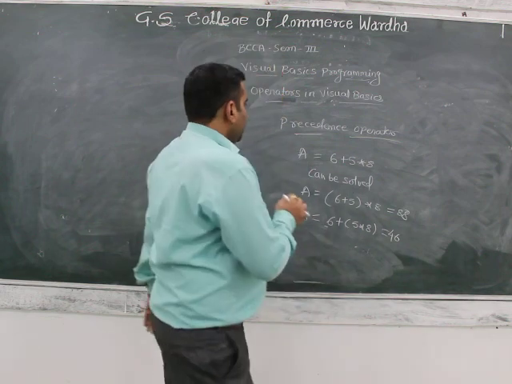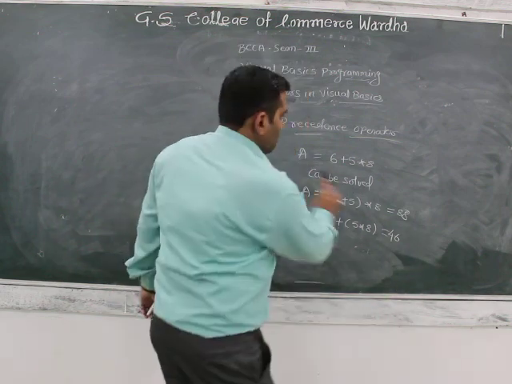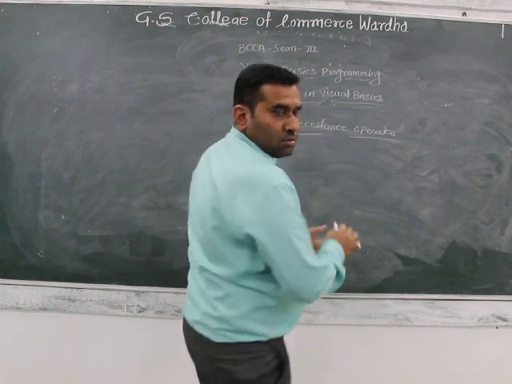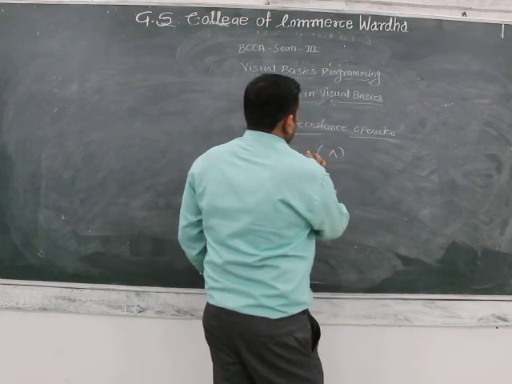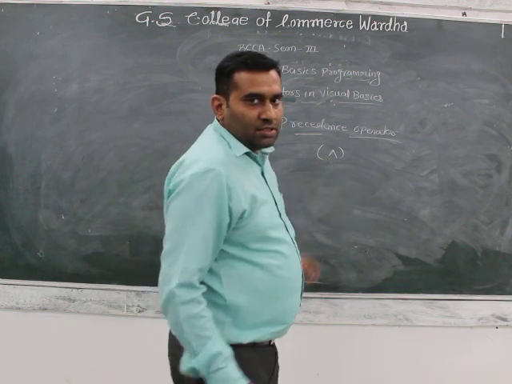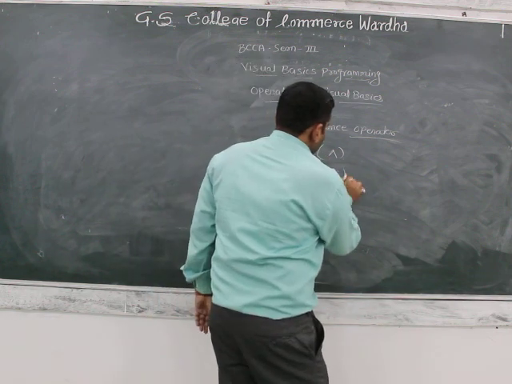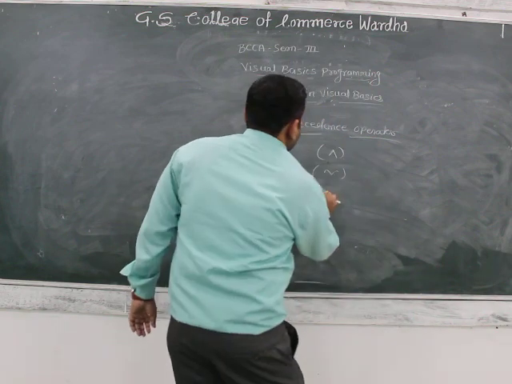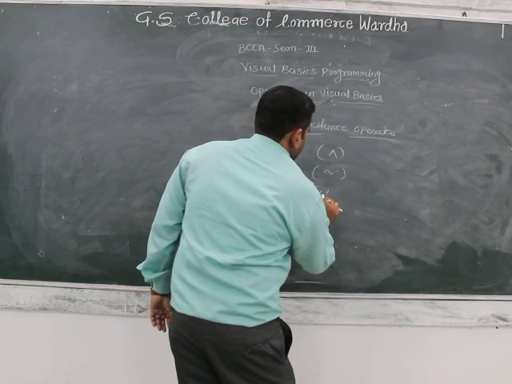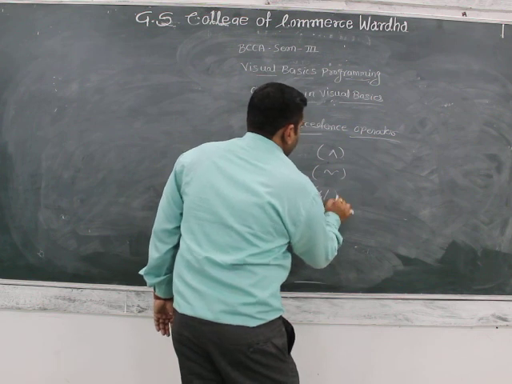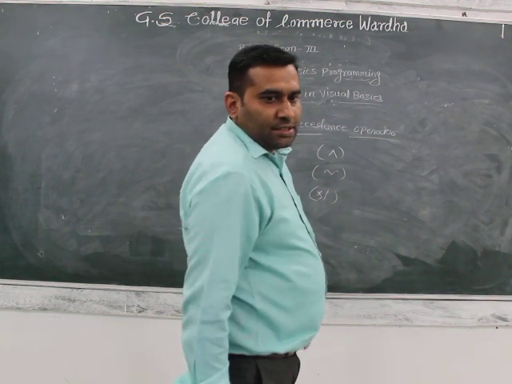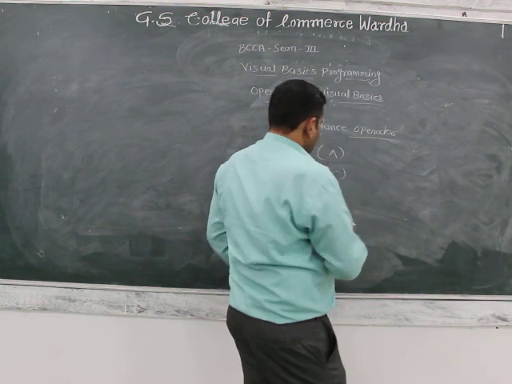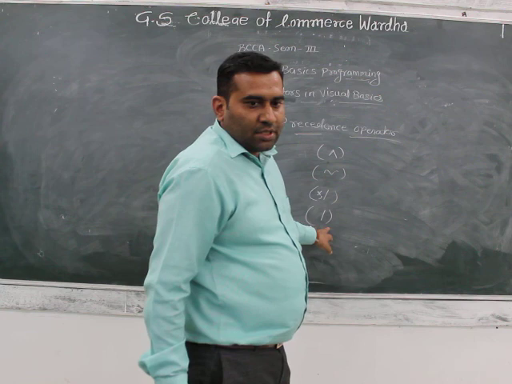The order of precedence of all the operators: first is exponentiation. Second is negation. Third is multiplication and division. Next is integer division, two integer number division.